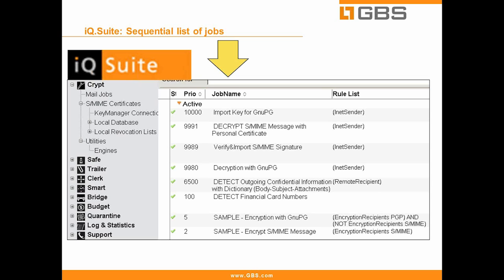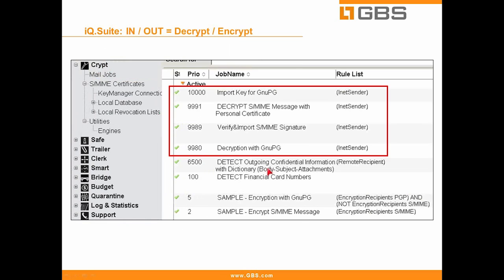So it might be an email coming from an eNet sender, as seen here. It might be an email going out to the world. Here, as you can see, we have 4 different jobs taking care of importing new keys for GNU-PG.